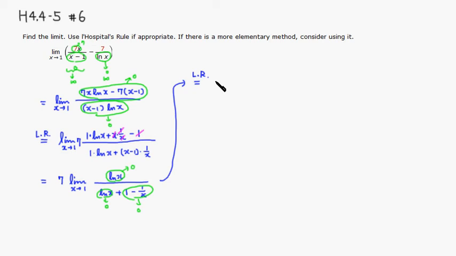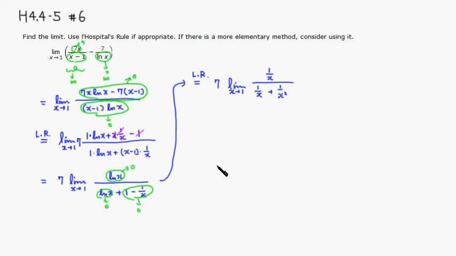The 7 is out here, and you have a limit as x approaches 1. The derivative of natural log of x is 1 over x. Derivative of natural log of x is 1 over x. Derivative of 1 is 0. Derivative of negative 1 over x would be positive 1 over x squared.